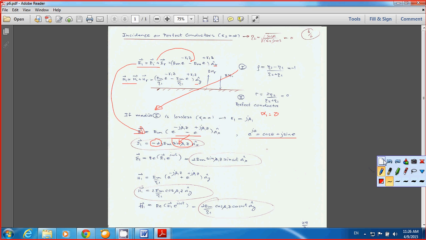and if you write the electric field also in the time domain, it is equal to the real part of E1 multiplied by exponential j omega t.